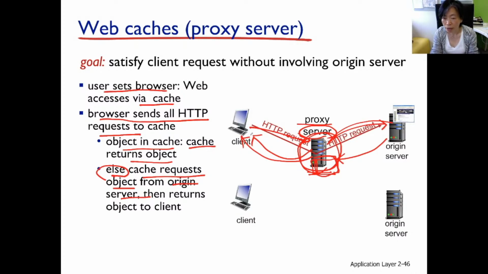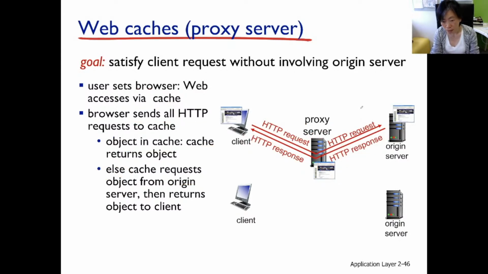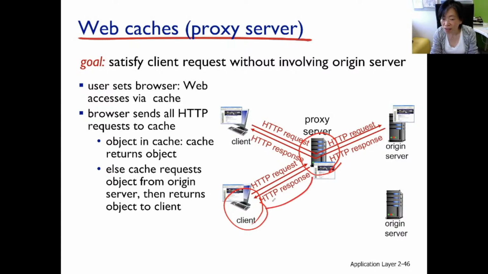So let me illustrate. If the object is not here, the request goes to the original server, the response comes back, we store a copy, and then forward it back to the client. And what's nice about this is, look at this client down below. If the client is requesting the same object, it's a hit here at the cache. The server here sends back the object directly without going through this segment of the internet.